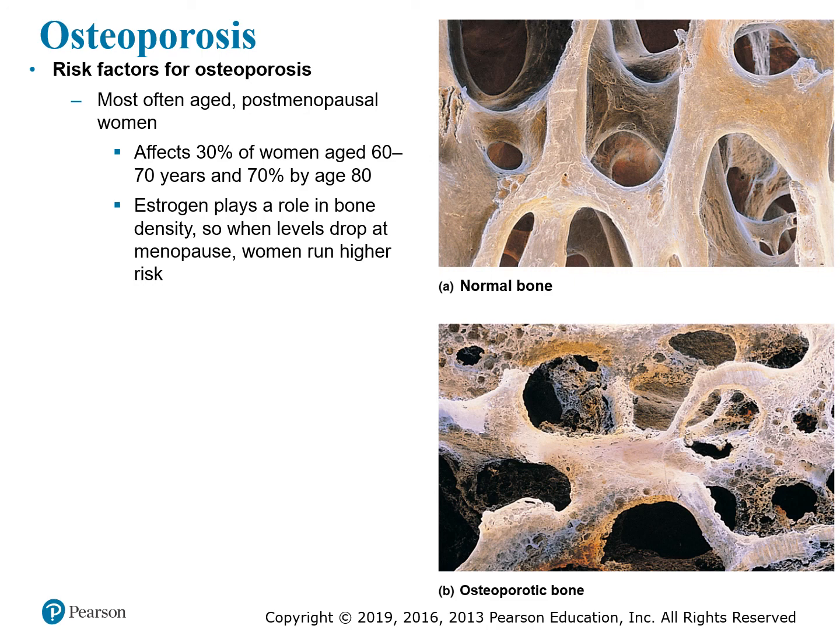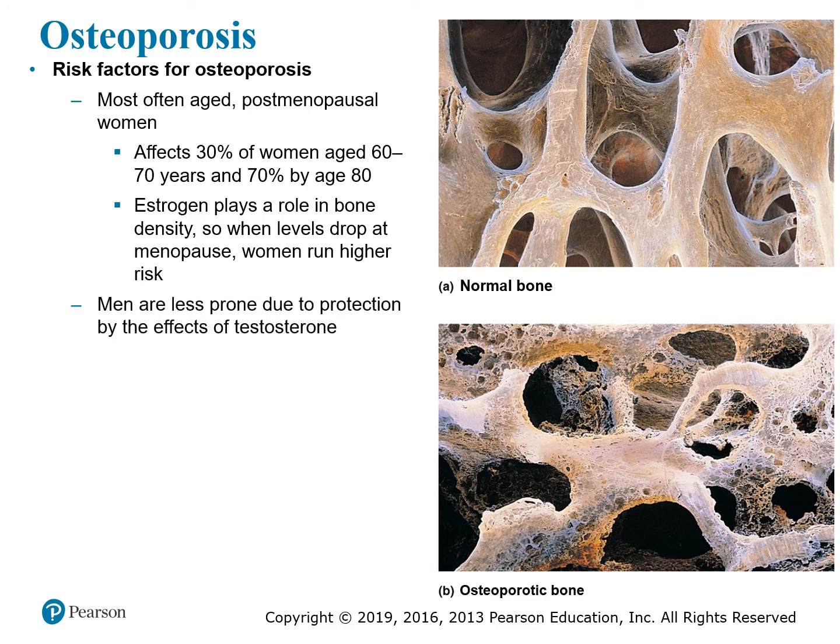What estrogen will do is actually cut down on the activity of osteoclasts. So when estrogen is no longer being produced at higher levels, osteoclasts will have more activity, and you'll actually see these pores form in the bone.